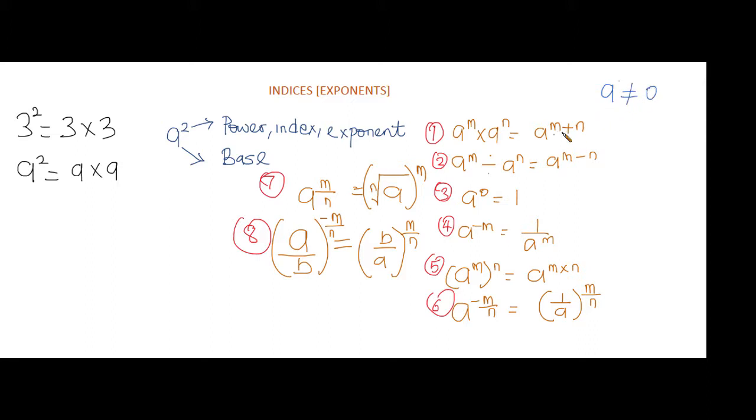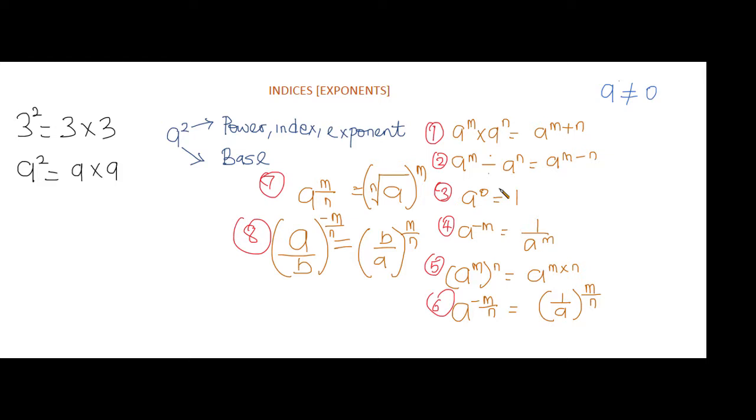That's one of the conditions we have for some of these laws to be able to occur, because if we assume that a is 0 in some of these laws, the answer we might get might be undefined.